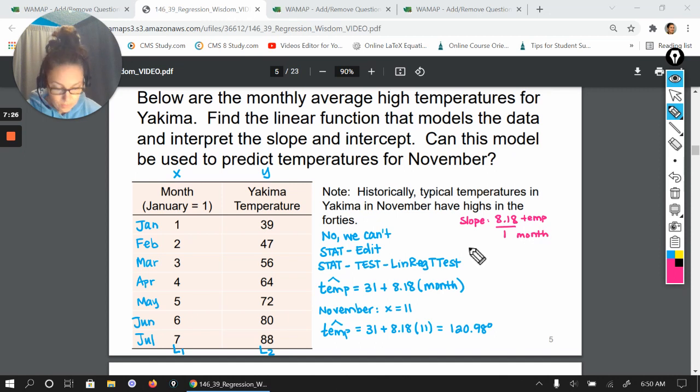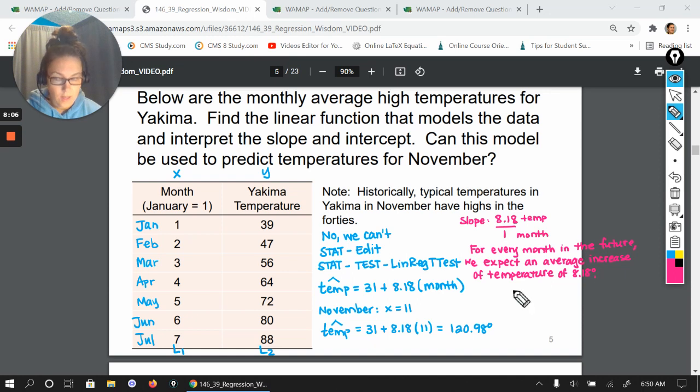So this would be interpreted as for every month in the future, we expect an average increase of temperature of 8.18 degrees. That's what the slope means.